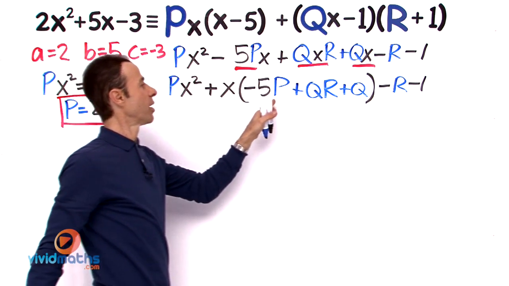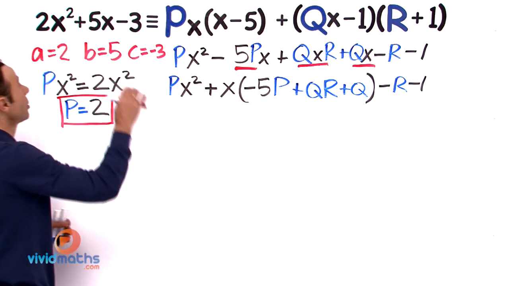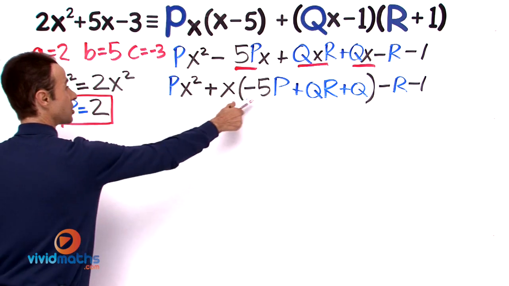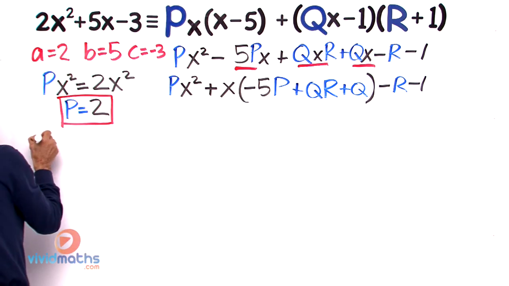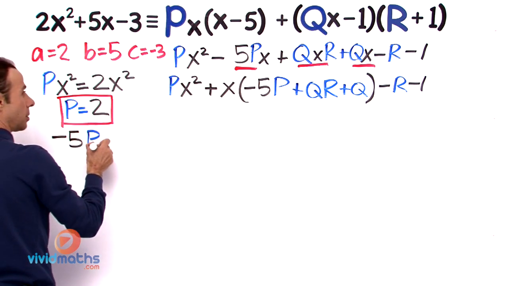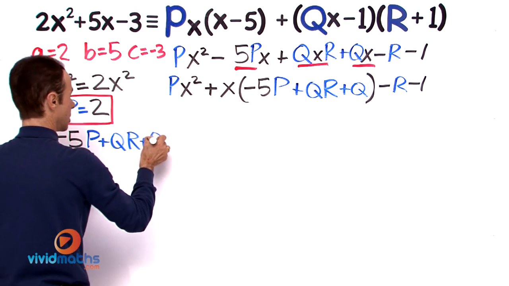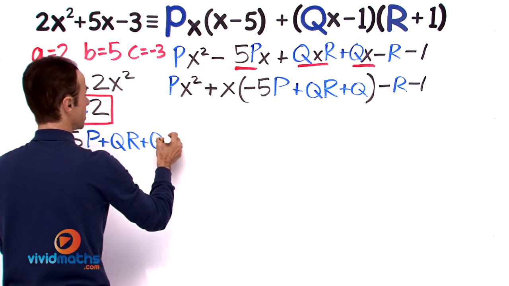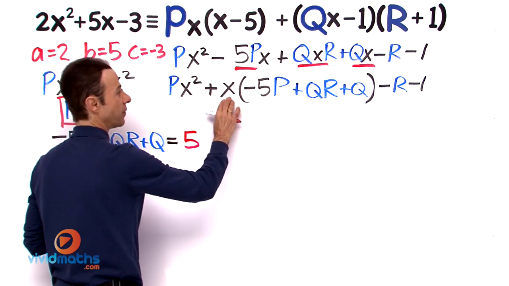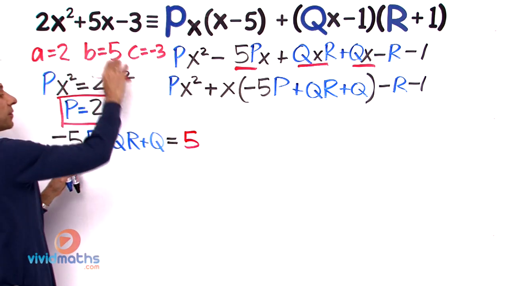The second part right over here, negative 5p plus qr plus q, let's match that up with 5. So those guys match up. So negative 5p plus qr plus q equals 5. That's got an x coefficient, that goes here. That's got an x coefficient, it's the 5. 5 goes there.